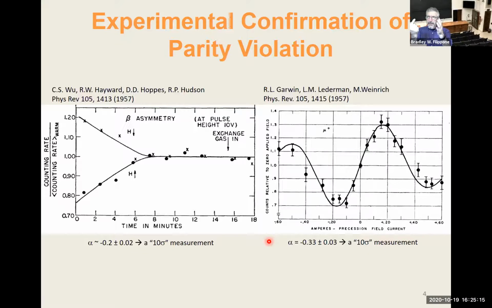They would look at a fixed time how much it had rotated, and they varied that magnetic field until it rotated, as you can see, all the way around. They plotted the count rate, and again you see a 10 sigma measurement in terms of the amplitude of that asymmetry. In fact, the magnitude of both asymmetries was consistent with the model that Lee and Yang had formulated.